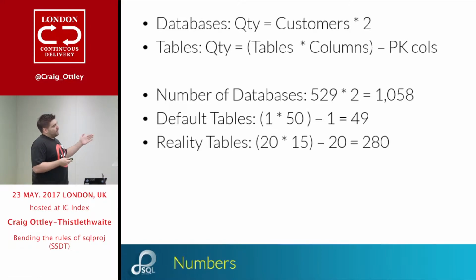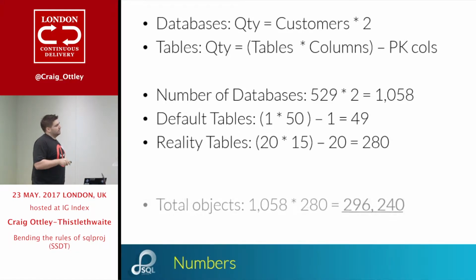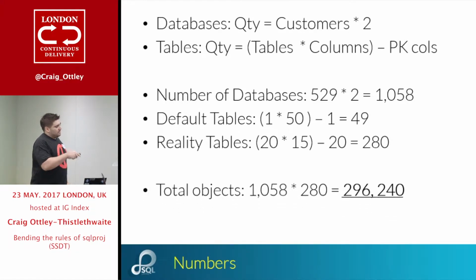But in reality, what we did have was an average of 20 tables and 15 columns, minus 20 primary keys. So this is the total objects that we're trying to look after, and we were doing this every 15 minutes. So we'd have 296,000 objects that we needed to control.